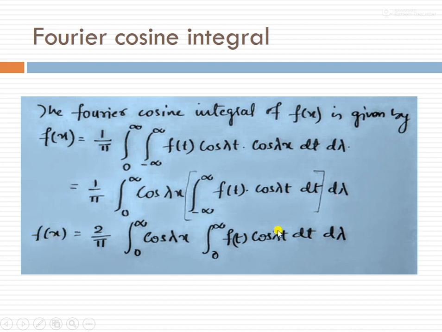By that, it equals 2 by π ∫ from 0 to infinity cos λx ∫ from 0 to infinity of f(t) cos λt dt dλ.